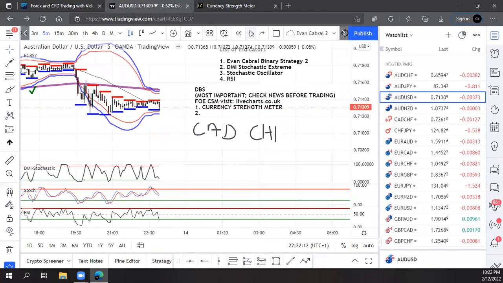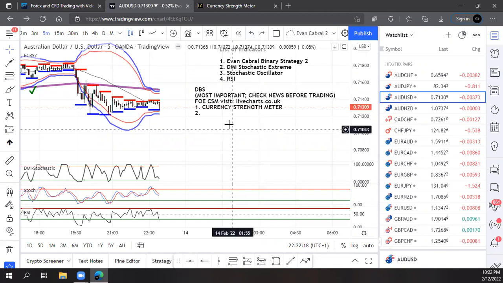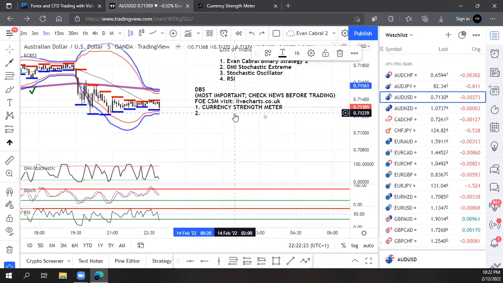Excuse me, let me just take all these things out. So guys, hope you understand that when we are selling from resistance, right? Do we all agree? If we are selling from resistance, and when we are buying from support, hope we all agree.